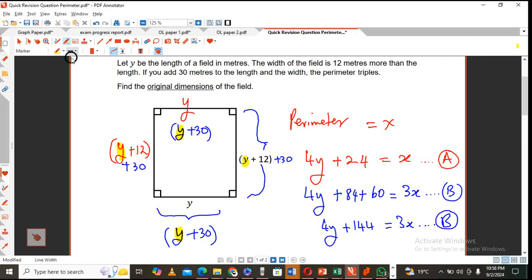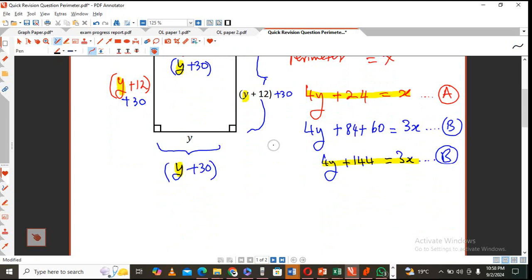So what we now have to do is very simple. You'll be taking this equation A and this equation B, and you're going to solve them simultaneously. If I subtract equation A from equation B, I have 4y plus 144 is equal to 3x, and 4y plus 24 is equal to x.